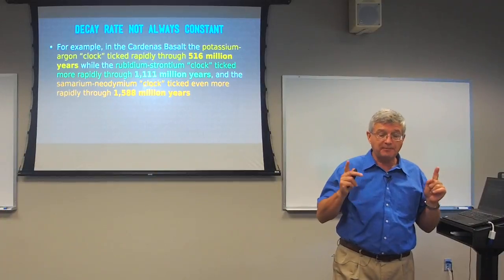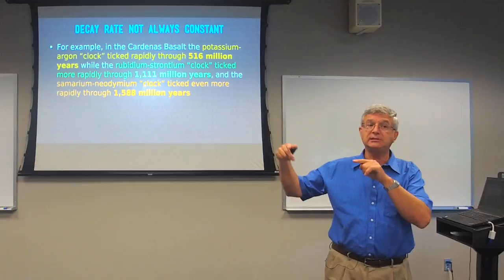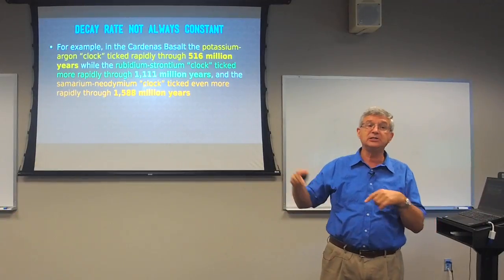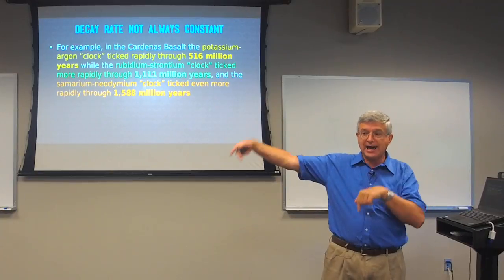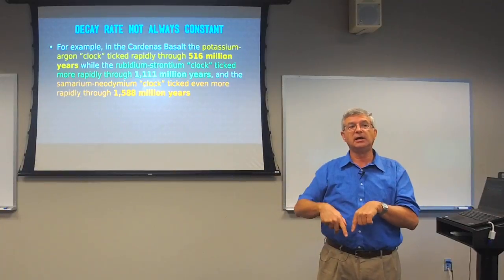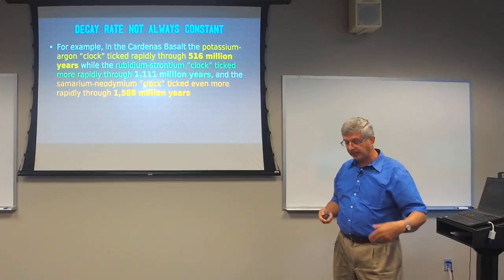There was also a pattern according to the length of the present decay rate. The shortest decay rate in the present is potassium, which gave the younger ages. The larger decay rates, that is, the slower decay rates, gave bigger ages in the past because they were accelerated by a greater amount.